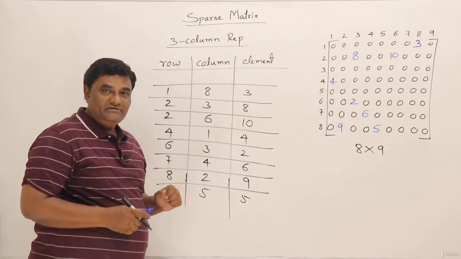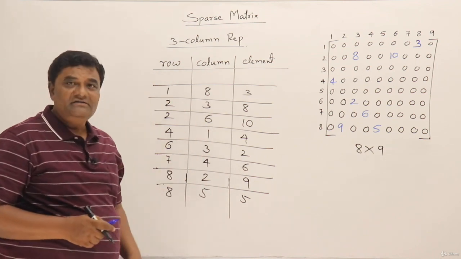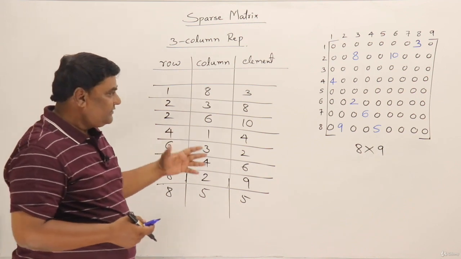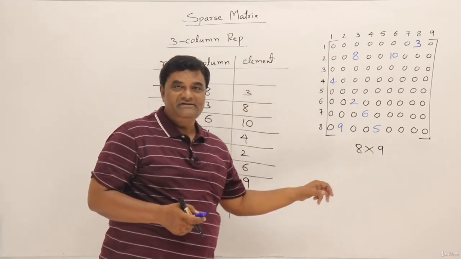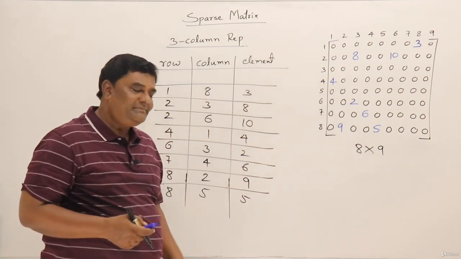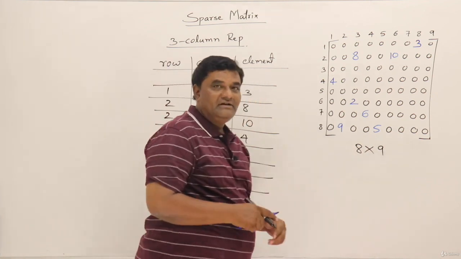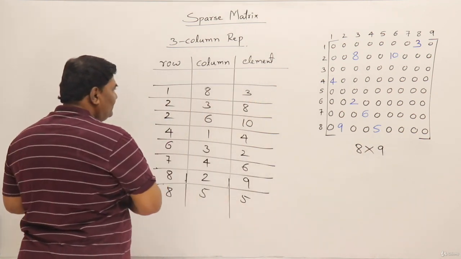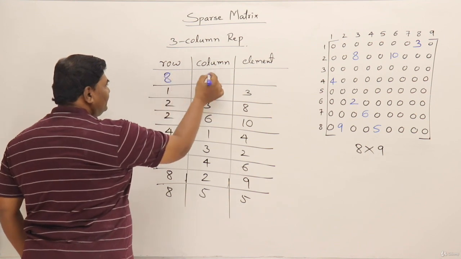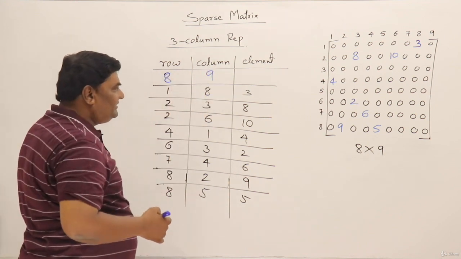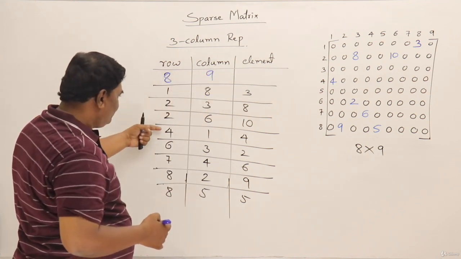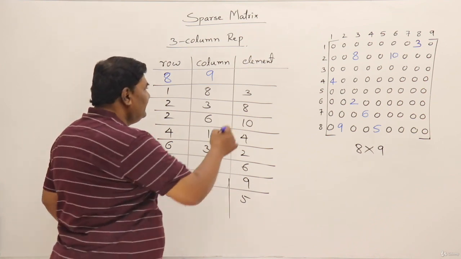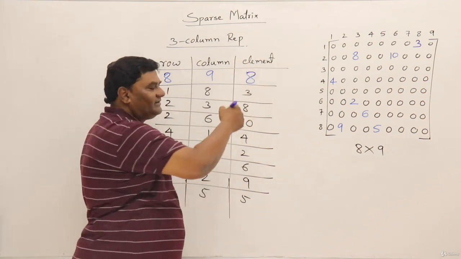Now the first row I left empty, so that I can use it for storing information about the sparse matrix, that is, its dimensions: 8 rows and 9 columns. Then how many non-zero elements are there? 1, 2, 3, 4, 5, 6, 7, 8. 8 non-zero elements are there.